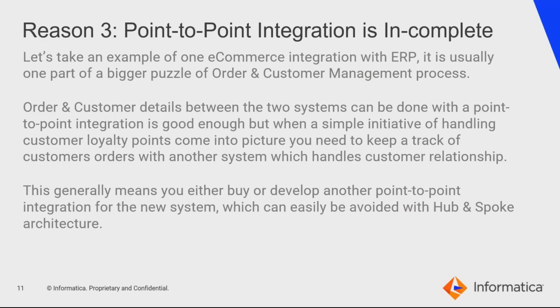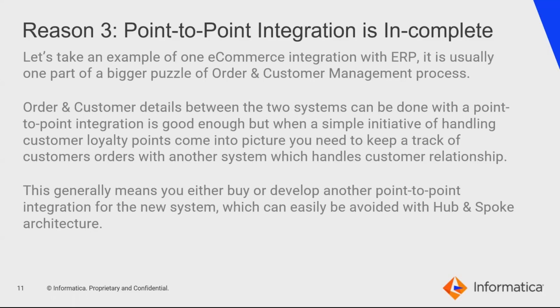It is good enough, but when a simple initiative of handling customer loyalty points comes into the picture, you need to keep track of customers' orders with another system which handles customer relationship, which could have been implemented maybe because you wanted to give a point system for the new customers for the buying that they do on the e-commerce site, or it could be for your existing customers who you would want to make sure that they are tied to your e-commerce system for a longer run.